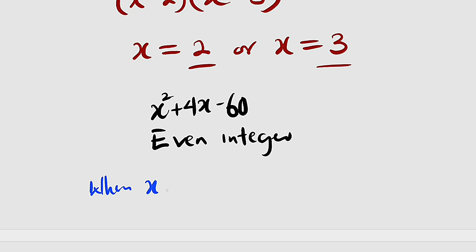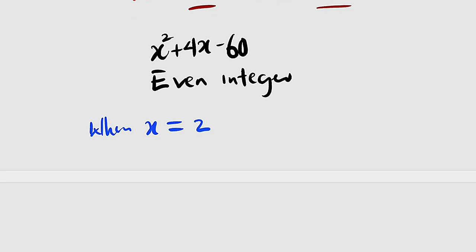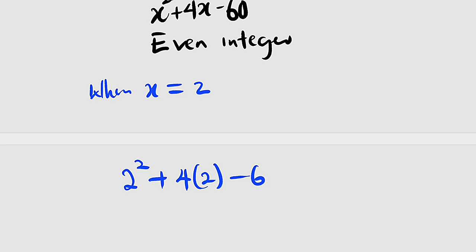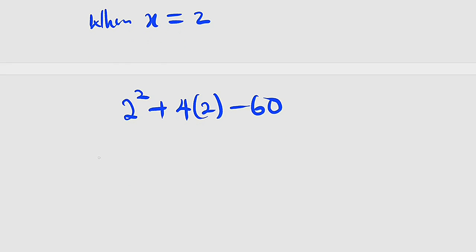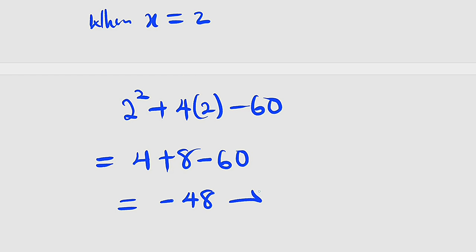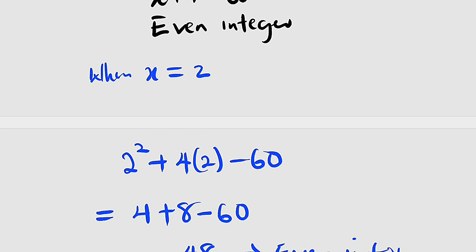When x is equal to 2, what do we have? We have 2 squared plus 4 multiplied by 2, then minus 60, right? Let's simplify this. This is 4 plus 8 minus 60. 4 plus 8 is 12, and 12 minus 60 will give us negative 48, which is indeed an even integer, right? Even integer. Therefore, we have seen that 2 is a solution.